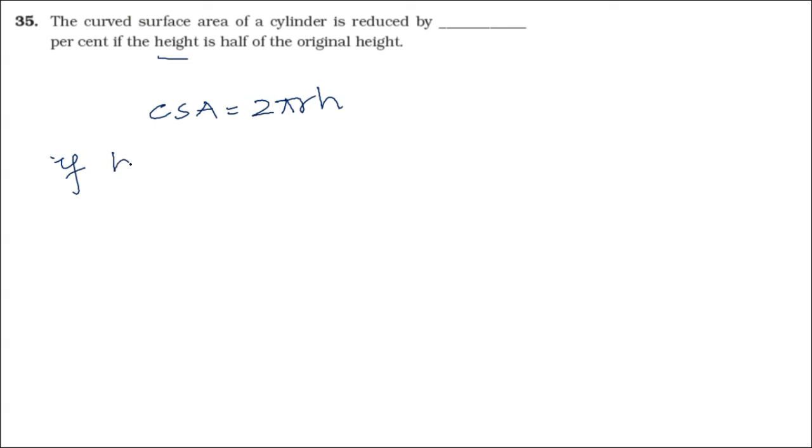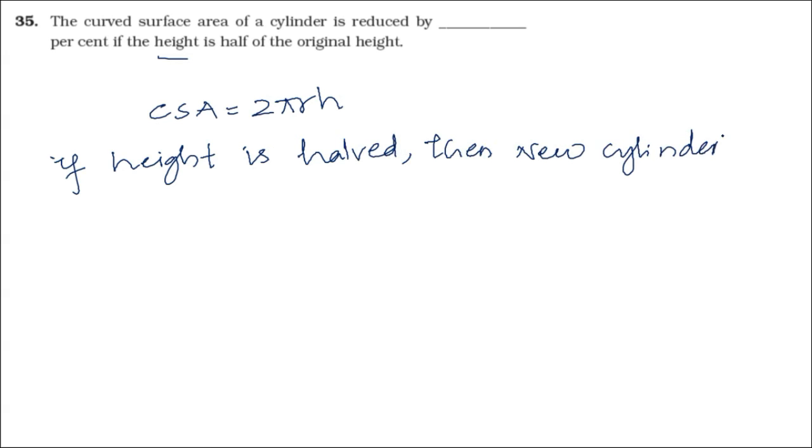If height is halved, then the new cylinder's curved surface area will be 2 times pi r into h by 2. It becomes only pi rh because 2 gets cancelled.